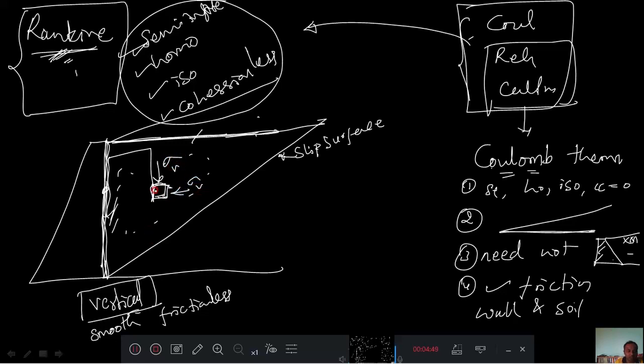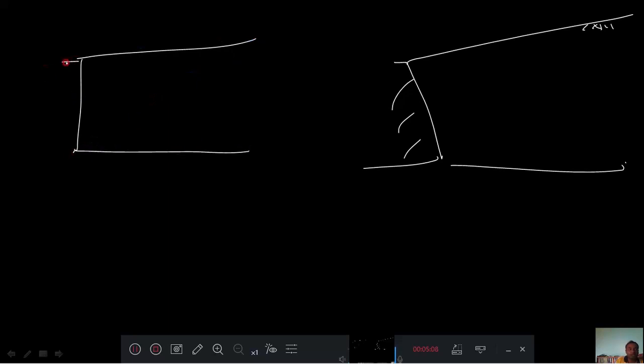Here we considered a small element and then applied the concept. If this is a backfill and this is Rankine's retaining wall, Rankine considered a small element and applied sigma v, sigma h, and then dealt with the things. So he considered a small element within the backfill of the soil.